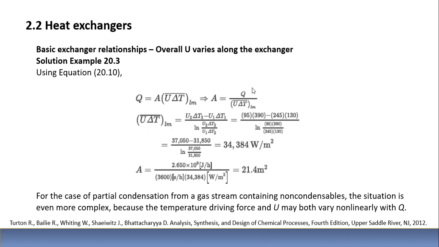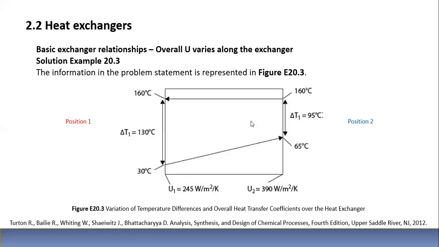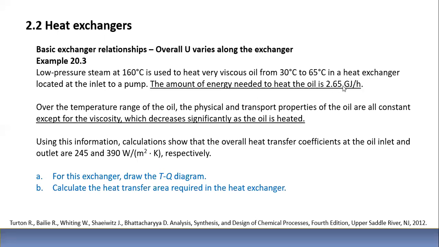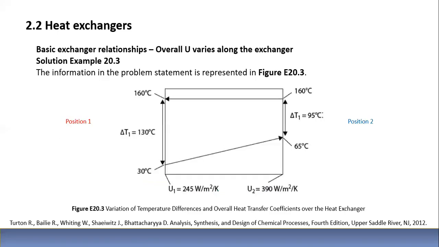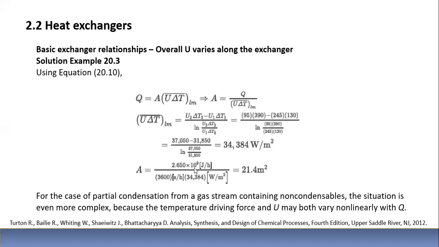So the area will be the heat load of the exchanger, which was expressed as 2.65 gigajoules. A gigajoule is 1,000 times bigger than a megajoule, if I'm correct. It's 1 times 10 to the 9. Is that correct? 2.65 times 10 to the 9 joules per hour, divided by this, where watt is in joules per second.